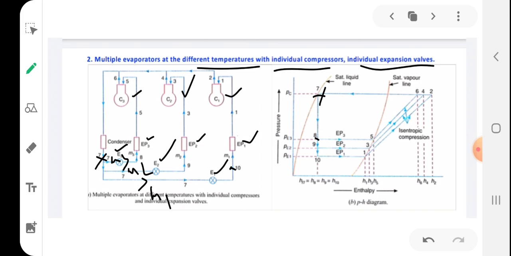So it will be split into three, right? After expansion, you can see here from 7, some part of 7 will enter the E1 expansion valve.